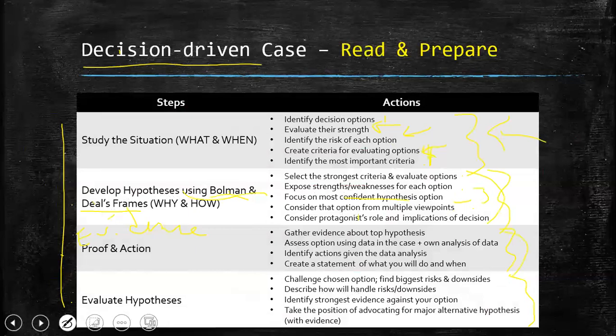Next, proof and action. Gather evidence about your top hypothesis, assess that option using data in the case, plus your own analysis. Identify actions given that data analysis, and create a statement of what you will do and when. I'm not usually asking for a 10-page Gantt chart with all of the details that lay out how you'd plan this project.